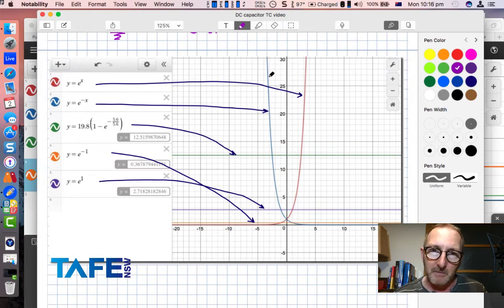Y equals e to the minus x represents this decay here, starting at a high number on the y-axis and coming down towards 0. Y equals e to the x is to do with growth. You can see we start at a low number on the y-axis and progress up to a higher number.